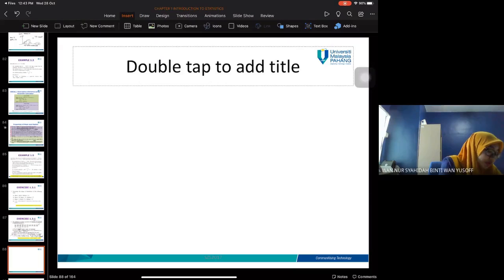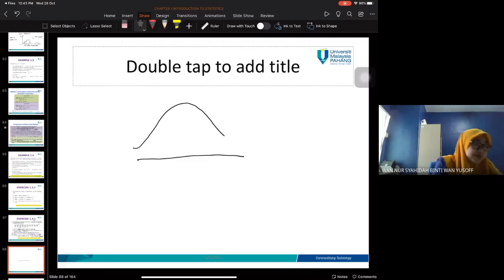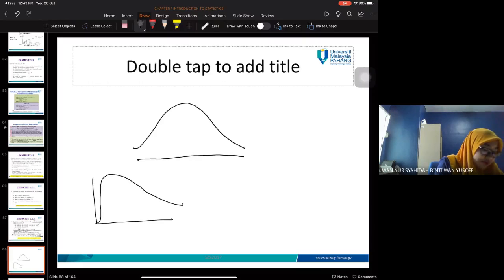So when we have symmetric data, and then when we have skewed data, it doesn't matter whether it is right skewed or left skewed.